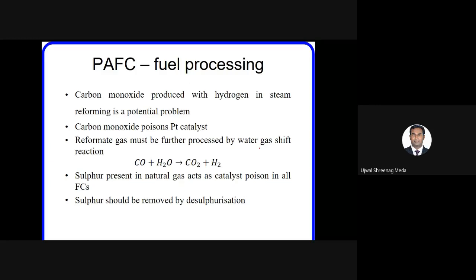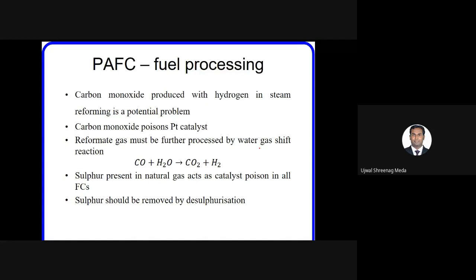But as this steam reforming process is a multi-step, multi-reaction process, both reactions will take place. And the only thing is we have to make sure that the stream that comes out of the steam reforming, before it enters the phosphoric acid fuel cell as fuel, should not contain carbon monoxide.